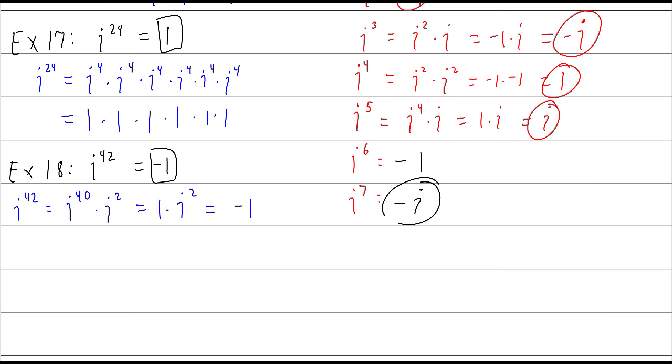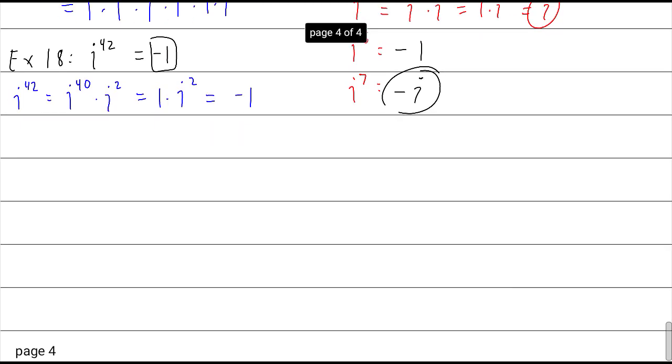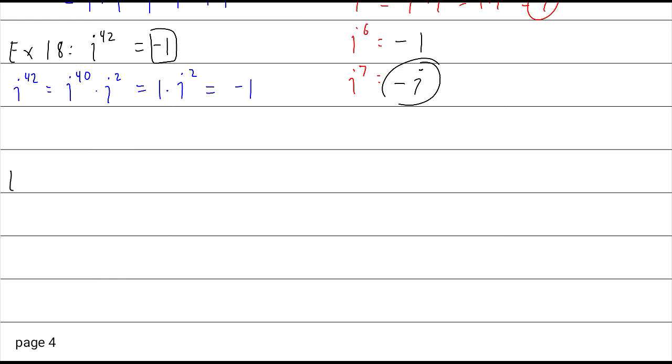Okay, on to another one. Example 19. Ooh, this is tricky. -i to the 6th power. Okay, so we need to talk about what we know to do with negative values raised to an even power versus an odd power. Whenever you raise a negative number to an even power, you will always get a positive result.